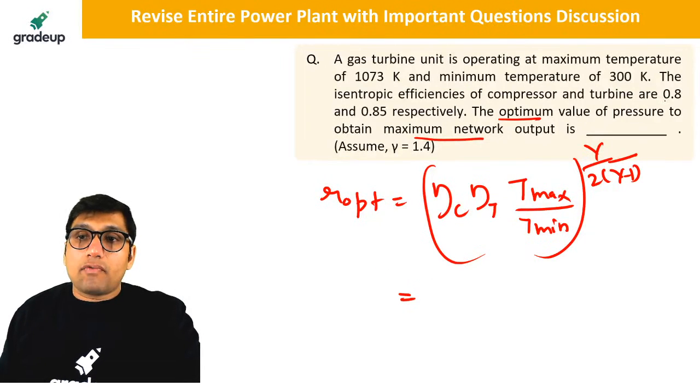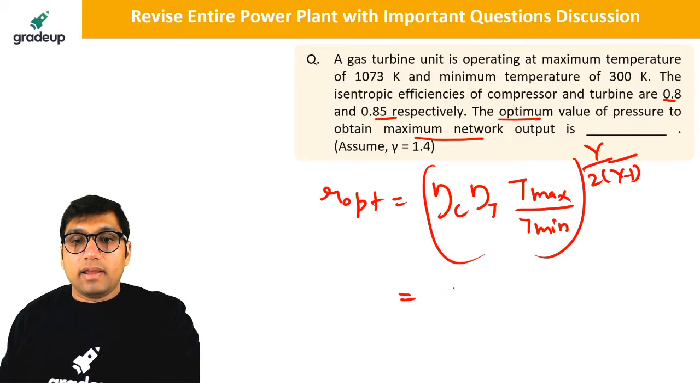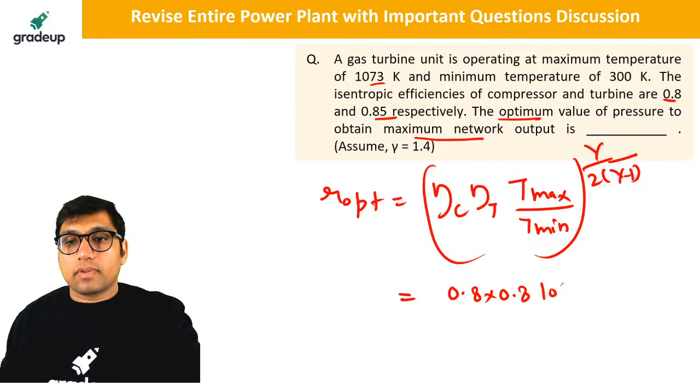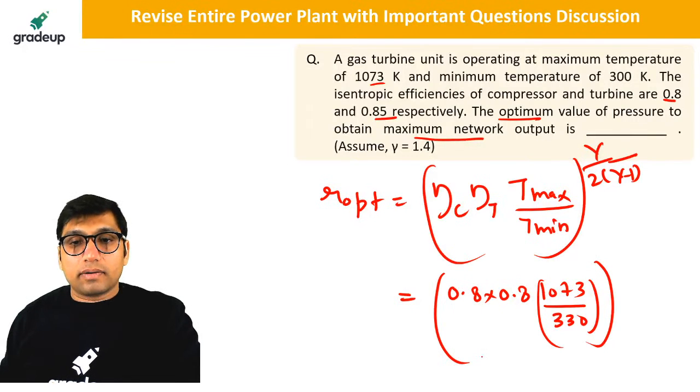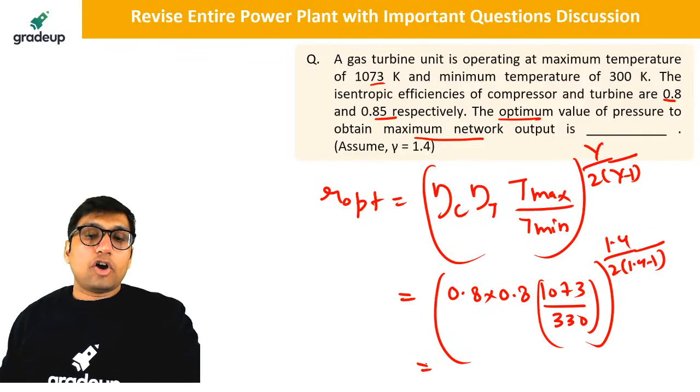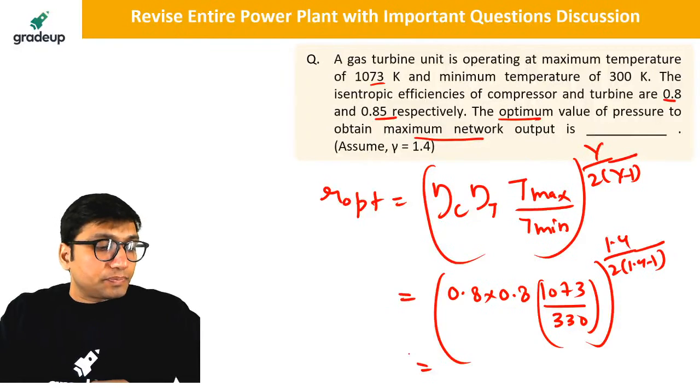You know the efficiency of compressor and turbine, both are given. It will be 0.8 into 0.85 into maximum temperature 1073 by minimum temperature 330, whole power 1.4 by 2(1.4 minus 1). This is how you will be finding the optimum pressure ratio.